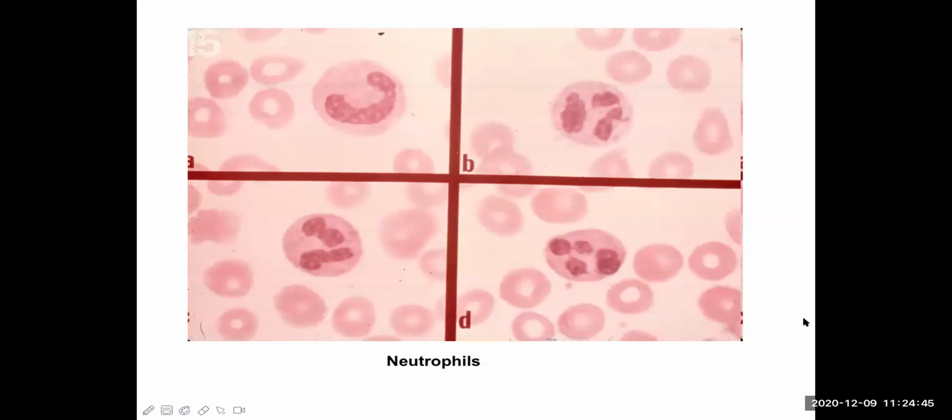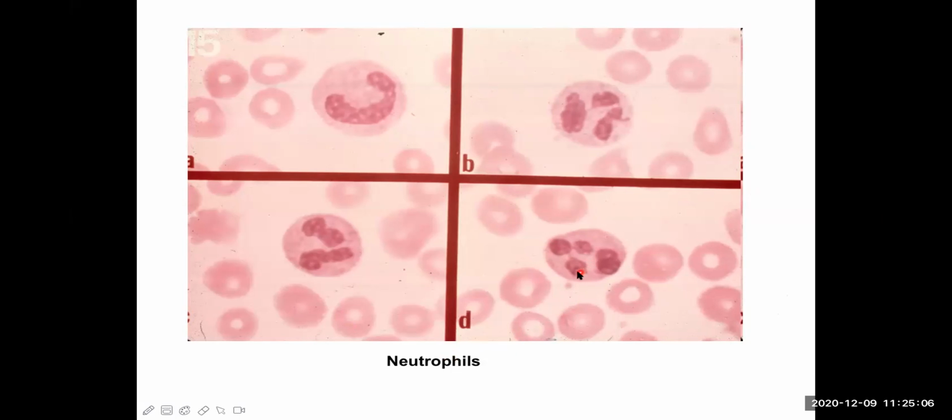This is a very good slide which is showing different types of neutrophil here. So please take a bit of time and see this carefully. This type of question is very commonly asked these days in computer-based exams.